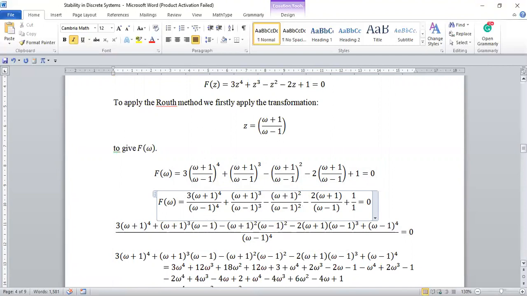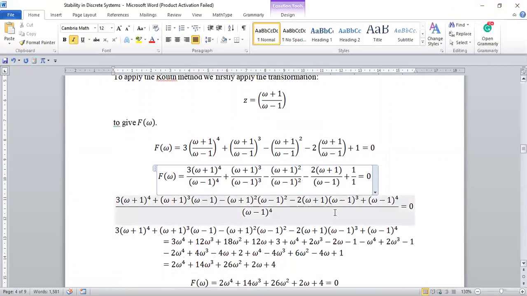And now we factorize. So we know that omega minus 1 raised to the power 4 is common to all the denominators. So we bring it down here. Then we write another equation of this form. So this equation and this equation are just the same thing.